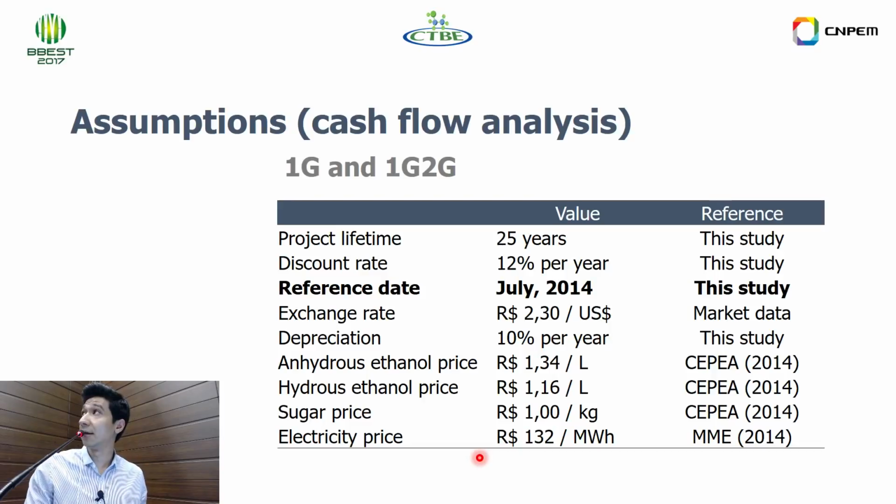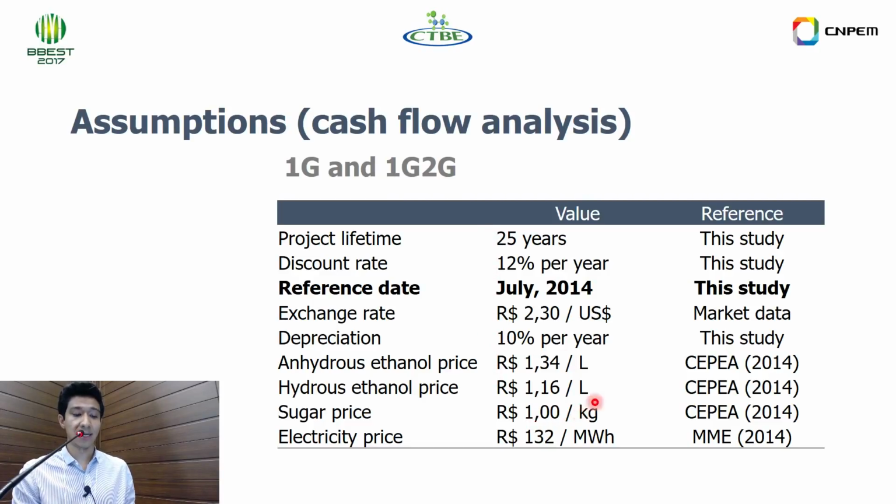This is already a real example of assessment of scenarios. Some of the assumptions I already told you in the last slides. Basically, what we have here is a comparison between a first generation mill and an integrated plant producing both first and second generation. Project lifetime, discount rate, and depreciation are the same.